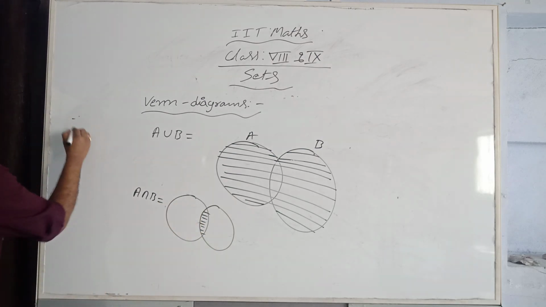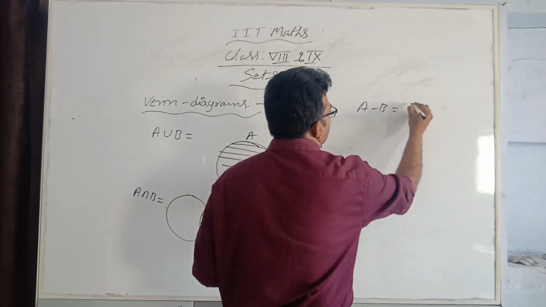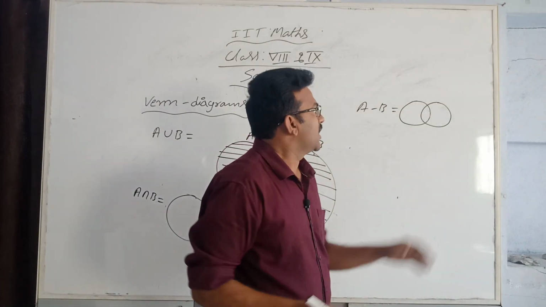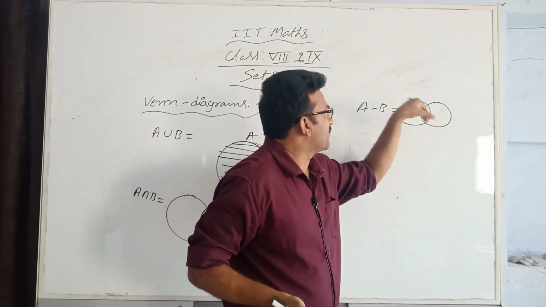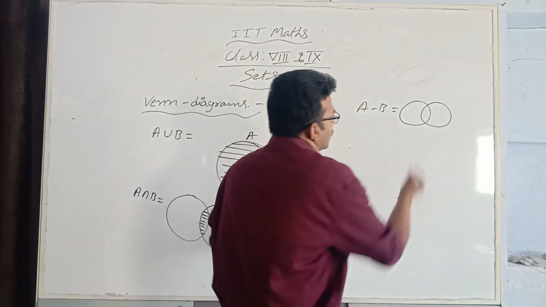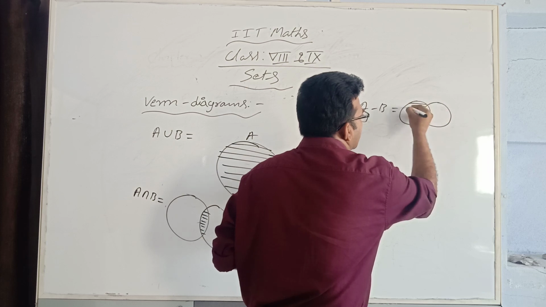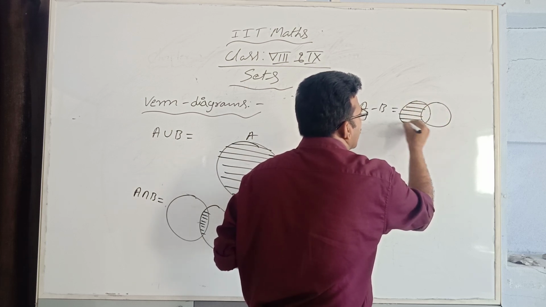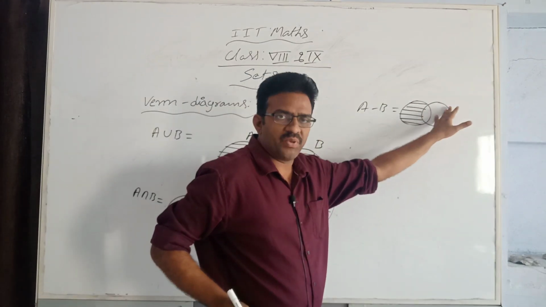Next, A minus B. So after removing common region and elements of B, then remaining part of the A. We are removing this common region and also B, then remaining part of the A. We are going to shade only A. We are excluding common region and also B.